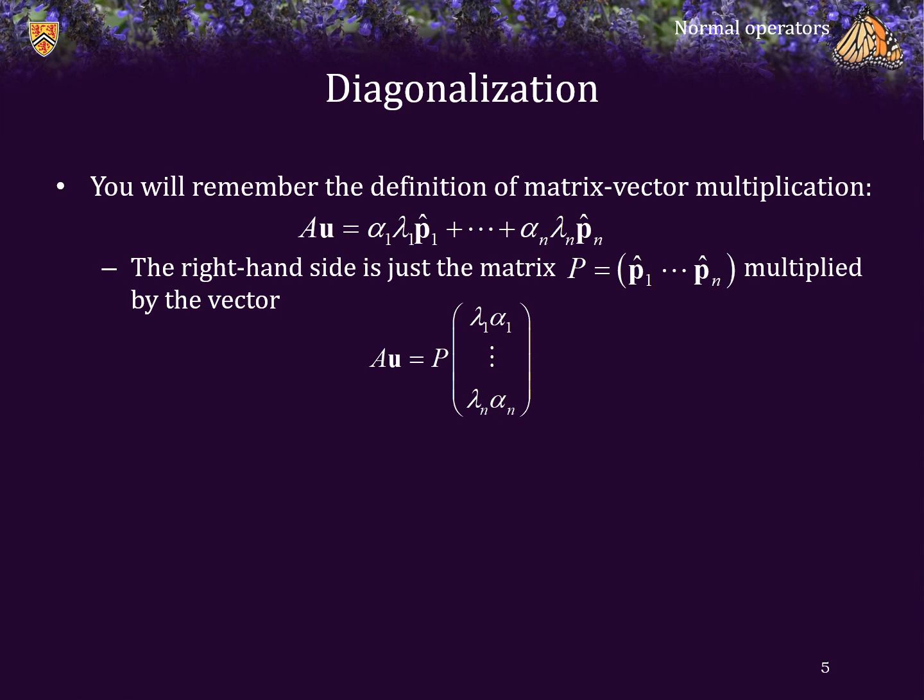So therefore, A times u is just P times this vector here, where the alphas were found by multiplying u by the transpose of the matrix P.